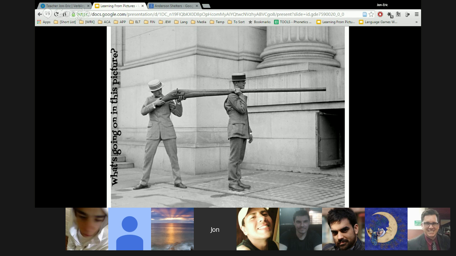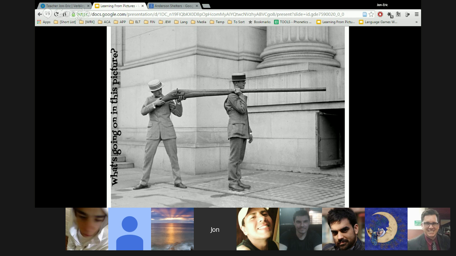The man on the left is aiming the gun because he's looking through a little notch. By the way, these are some good vocabulary words. He's looking through. Normally, a gun has a scope, which is like a telescope. But he's looking through a little notch, which allows him to align the gun to shoot the target.